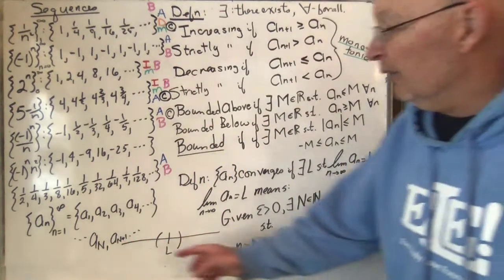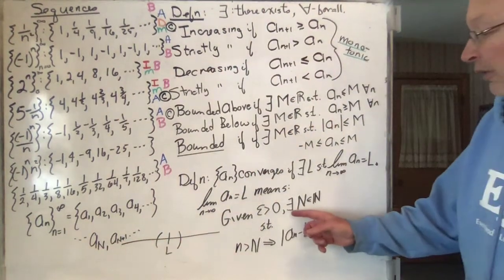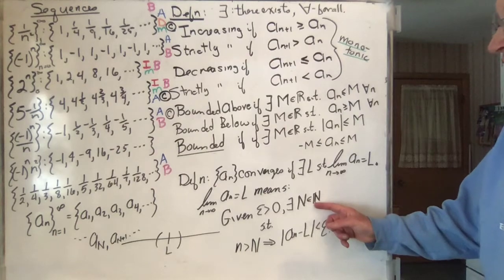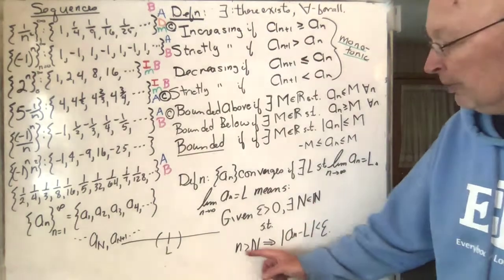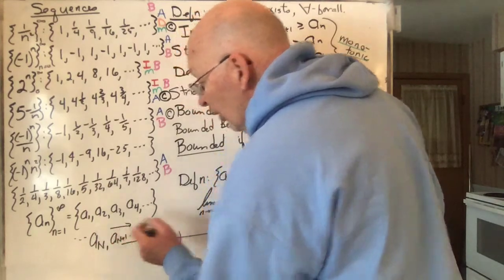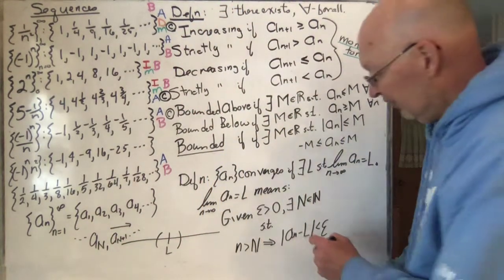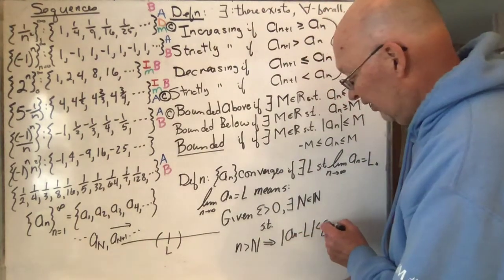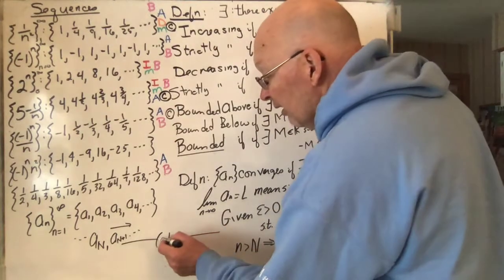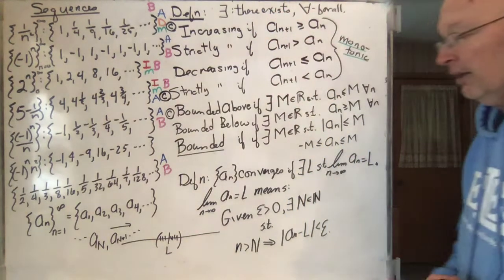There exists some capital N such that as long as you're beyond this point, all of the rest of the terms in the sequence are going to be within epsilon of this L. They're all going to be within epsilon of L.